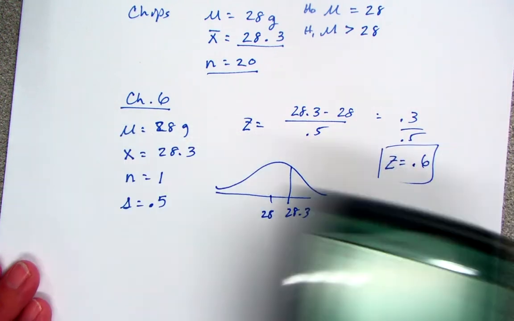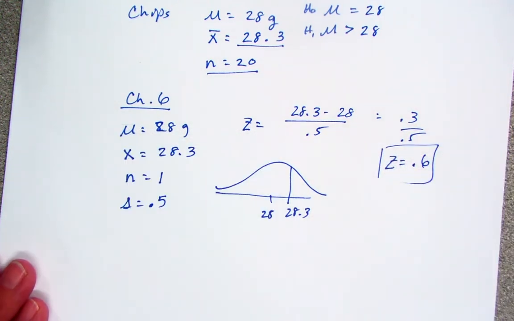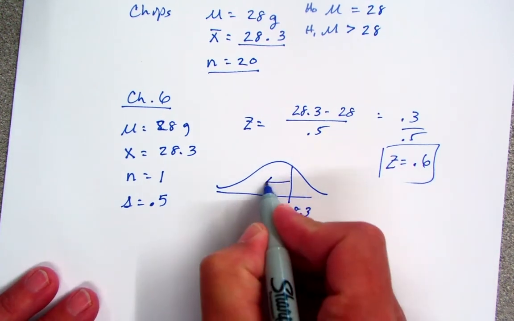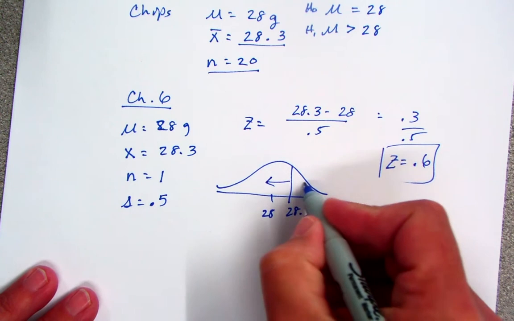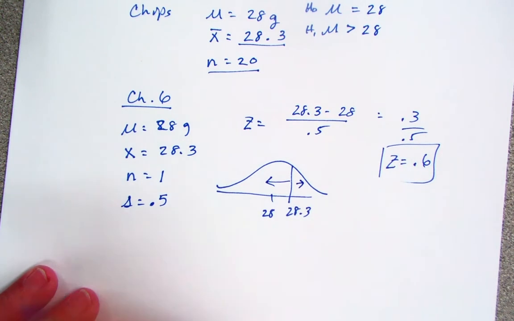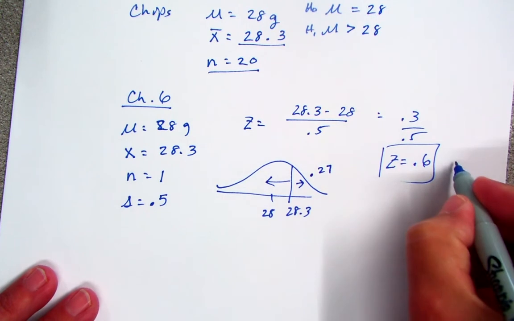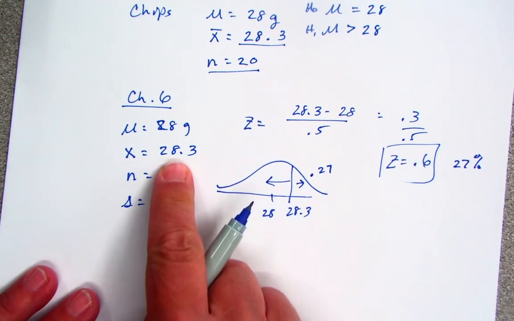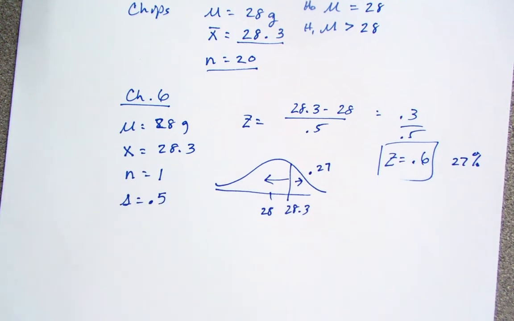So it's not an entire whole step above. I would look up 0.6 in my table, and I would get a probability that reads this direction, take that minus 1, and I would get 0.27. So the chance of that happening is 27%. Fairly likely that I would get a bag that weighed 28.3. Yes, it is more, but really not a significant amount more.